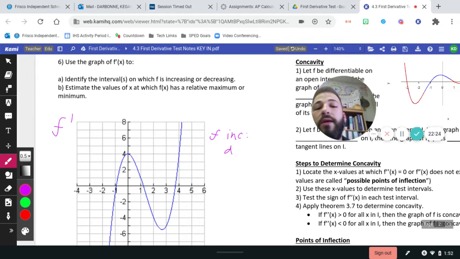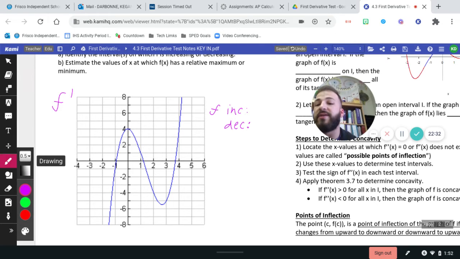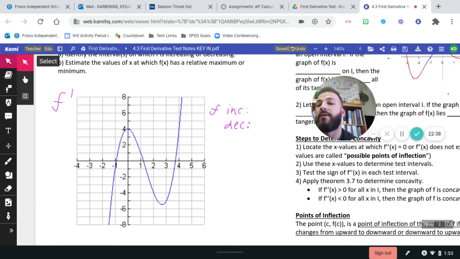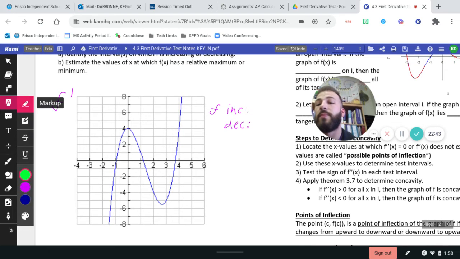Okay, so remember, when f prime is positive, f is increasing. So f prime is positive from about negative 1 to 1 and about a little less than 4, but onward.